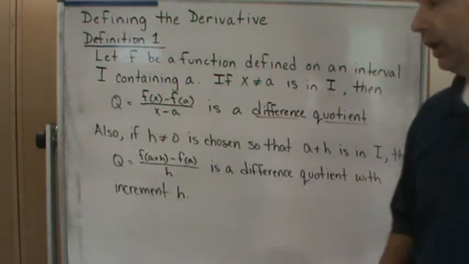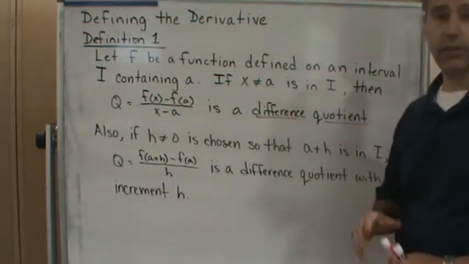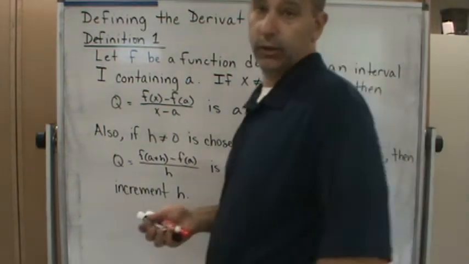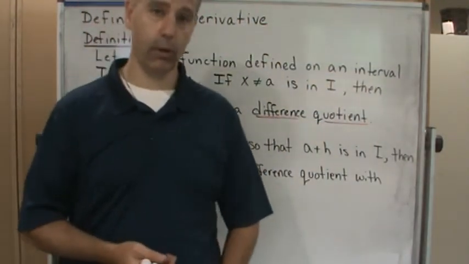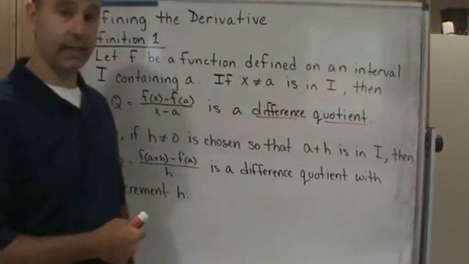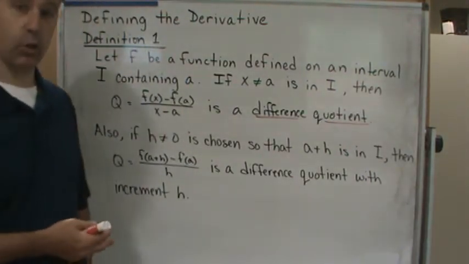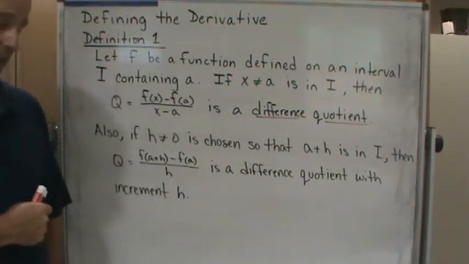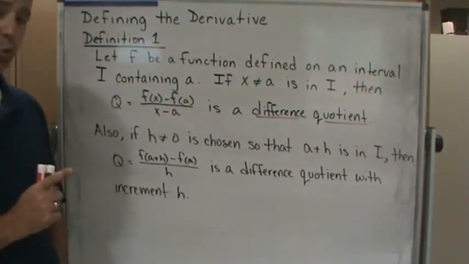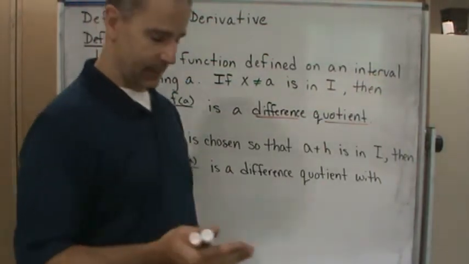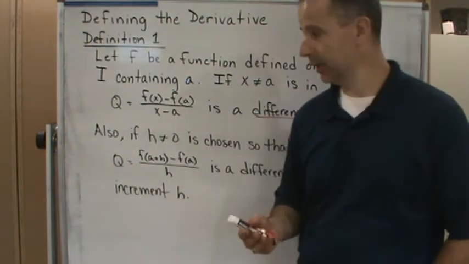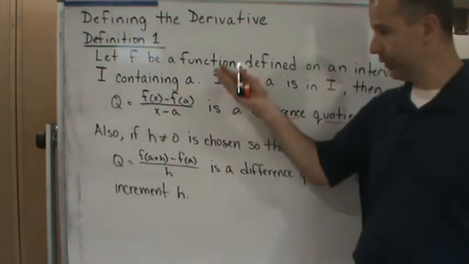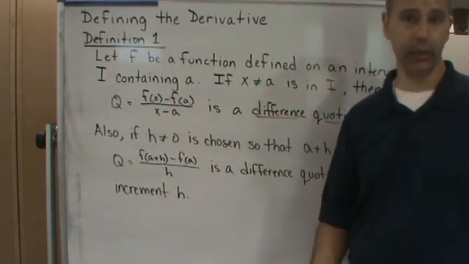Now, both of these difference quotients can be used and are used for finding the slope or approximating the slope of the tangent line with a given secant line. Which one we use really depends on the setting and the ease of the calculation, but both of them can be used.